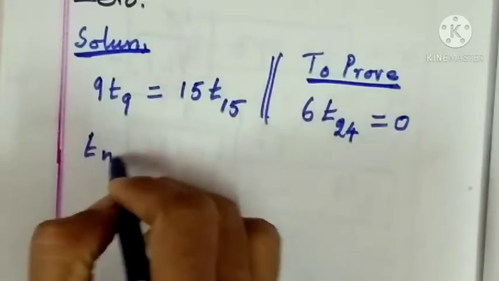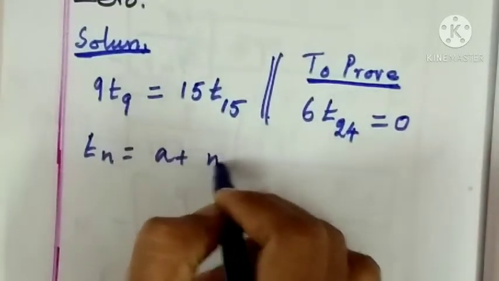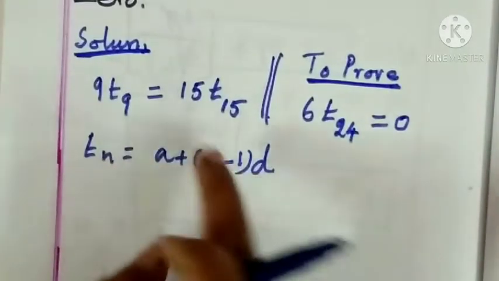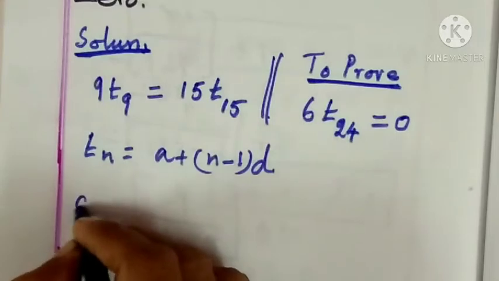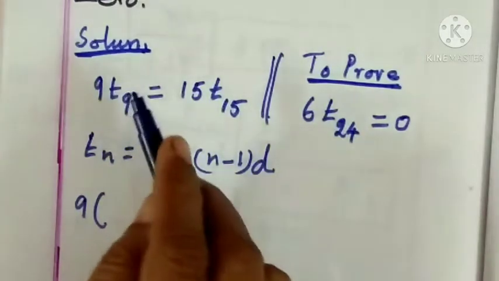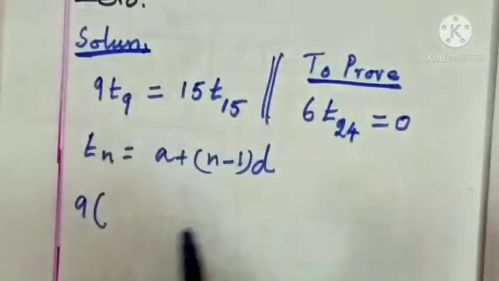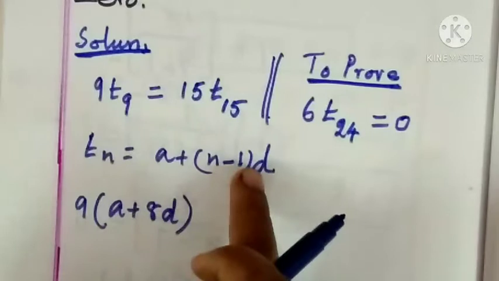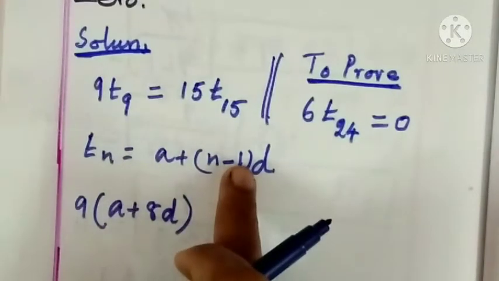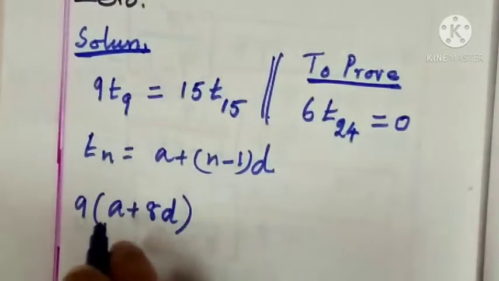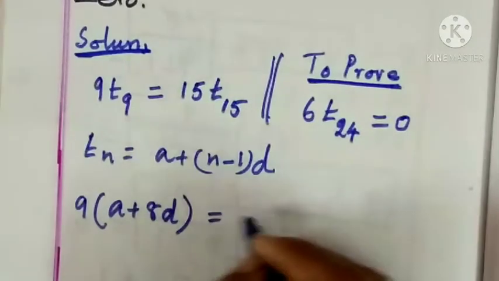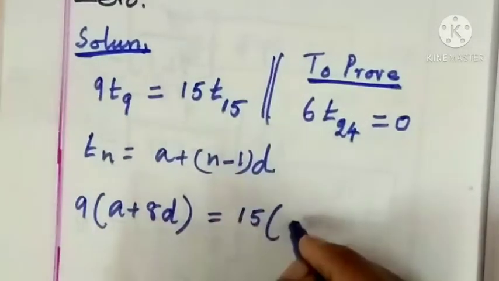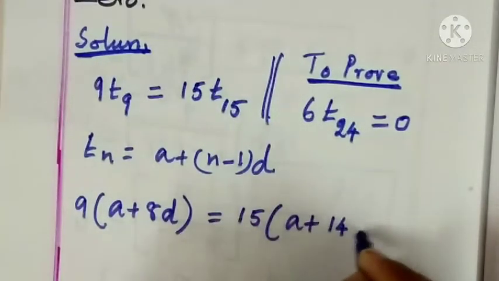Yes, Tn is equal to A plus (n minus 1) into D. Now applying this formula, we get 9 into the general term of T9, which is A plus 8D, because 9 minus 1 we get 8. So 9 into (A plus 8D) is equal to 15 into the general term of T15, which is A plus 14D.